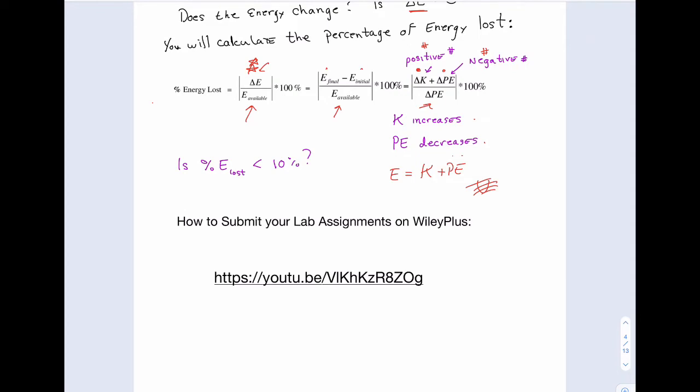So you're going to find that a positive number plus a negative number should give you around zero, because ideally the energy shouldn't change. You want to know, is the change in energy zero? And then hopefully it'll be less than 10%. The track is pretty frictionless, so we should find that the percent energy loss is much less than 10%.